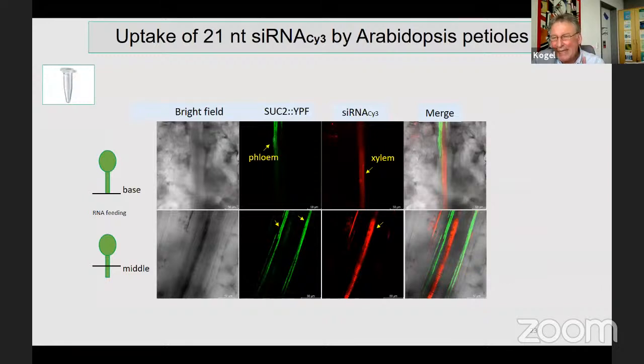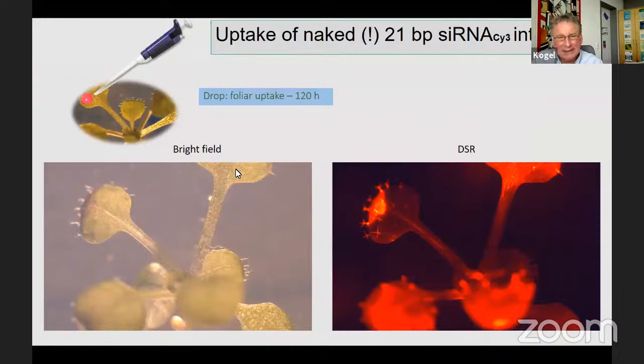This is naked RNA. Therefore we discussed yesterday with Nina Mitter that if you use formulations like BioClay, for instance, that might end up in the phloem. But if you use naked RNA, it is only in the xylem.